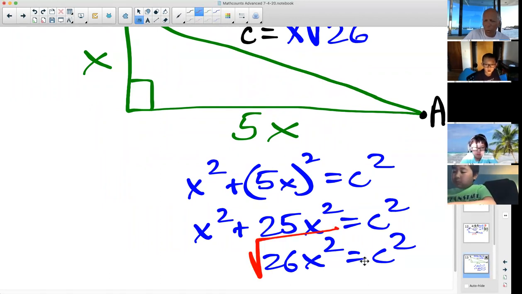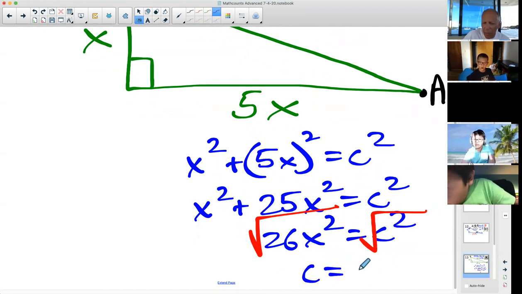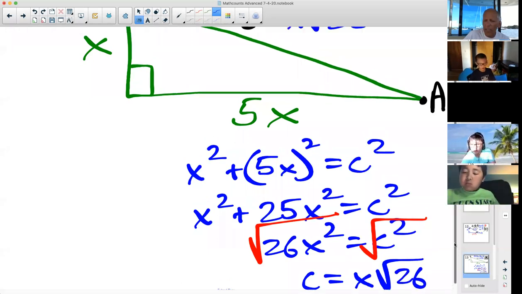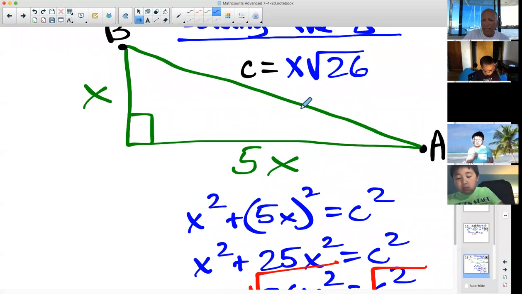And then we take the square root of both sides of the equation, giving us c equals x root 26. So Alan, really nice job. Ray, really nice job. Andreas, do you understand that, and Audrey? Yes. Okay, great. Now, the next piece is this angle.